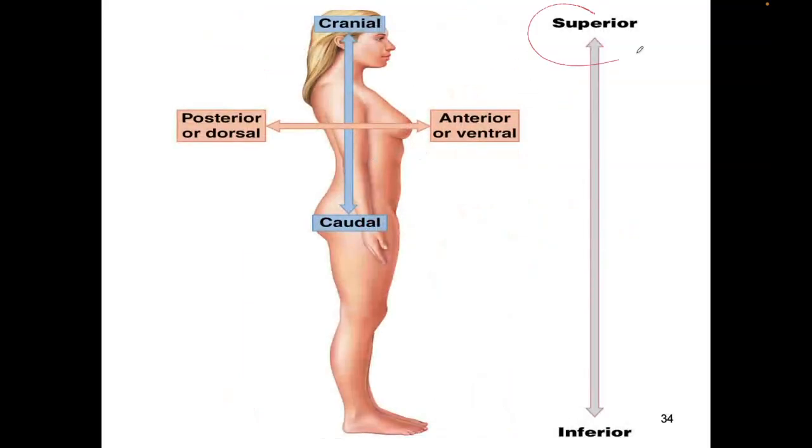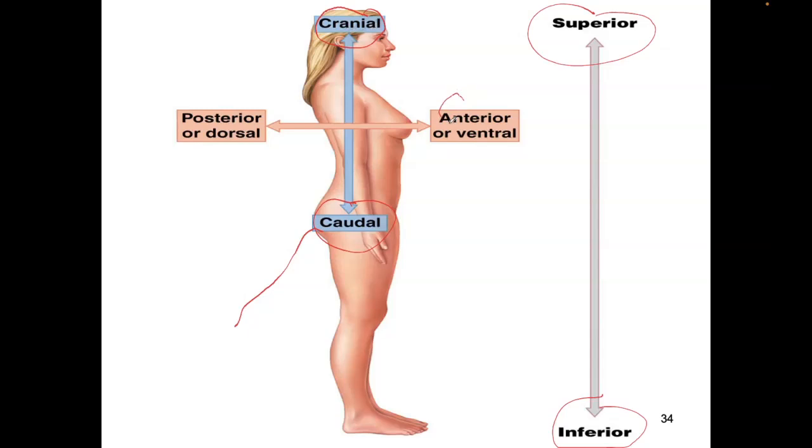Again, the body as a whole, superior and inferior. When we're talking about the trunk, just the center, we can either be moving cranially or caudally. Caudal means to the tail, and cranial is to the head.